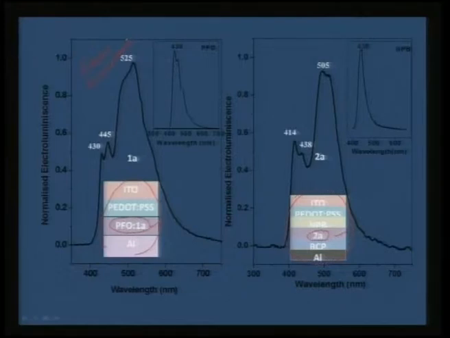And one could see that the full width at half maxima is nearly 150 nanometers. As a result, in both cases you would see there is a white light emission coming out of these devices.